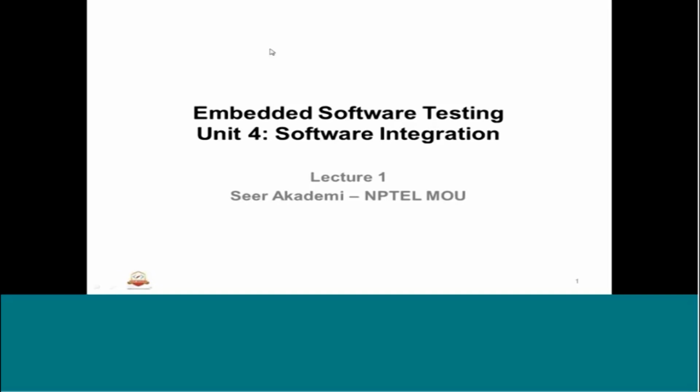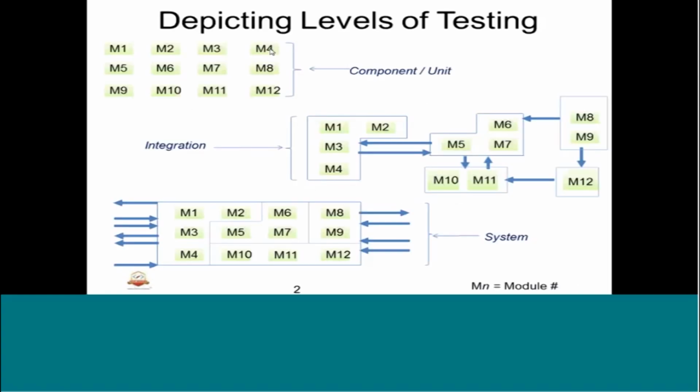Okay, so to recap on some of the levels of testing, just in order to understand what is embedded software integration, we will see the three levels or three layers of software testing. We know that there are about, for example, 12 components in an embedded software unit.